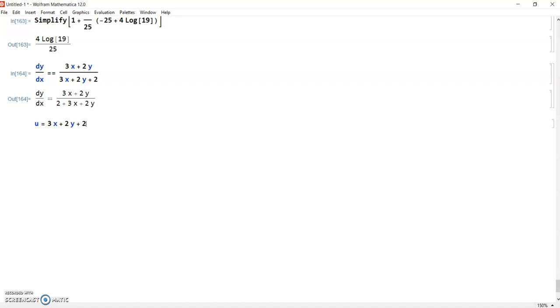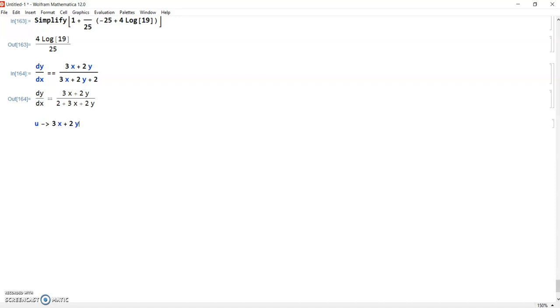We can even take it without 2 as well, so the answer will be the same. There will be no change in the answer. So let's take it without 2. So 3x plus 2y is equal to u. Okay, so we will take this substitution. Actually, for the substitution, I prefer to use this symbol.